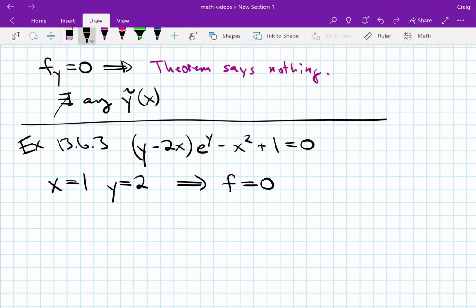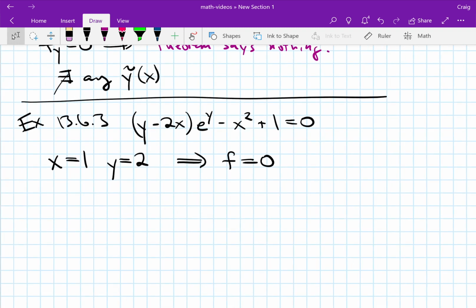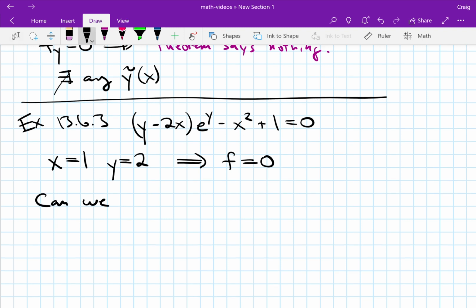So let's start at that point, and let's ask whether or not we can construct, can I consider x as a function of y starting at y equals 2, or can I construct y as a function of x starting at x equals 1? Can I do either one of those?